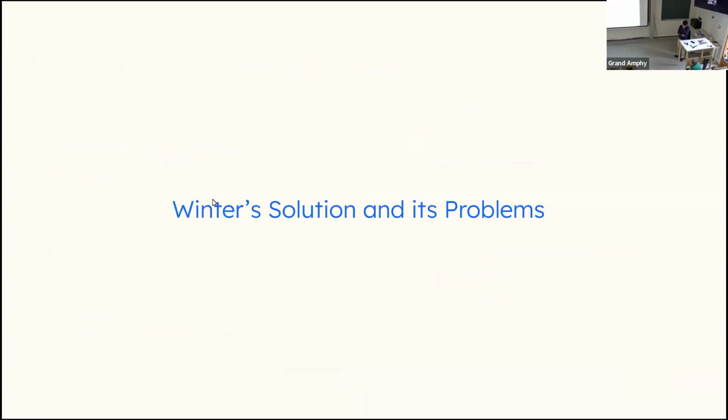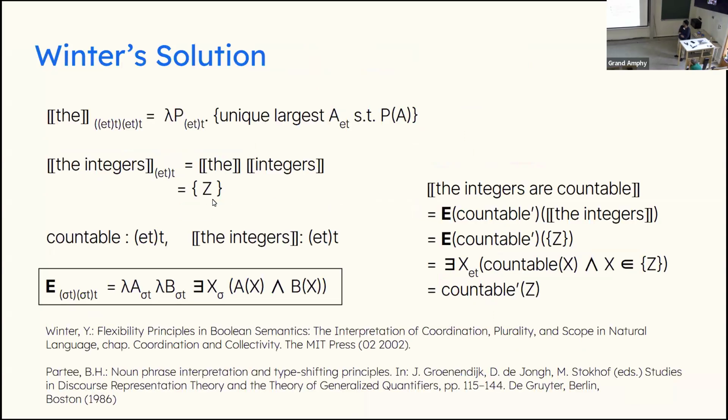Winter gives a solution to this problem by changing the denotation of the definite article "the". So instead of mapping it to a thing of type a, instead of the integers being a thing of type et, he ensures that the integers is a thing of type et to t by taking the unique largest a such that pa holds and putting it in a set.